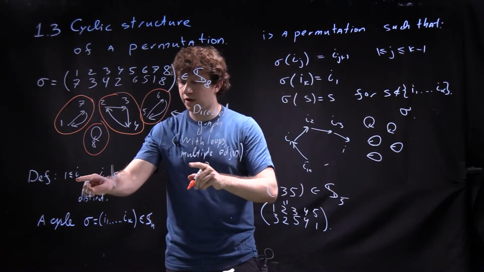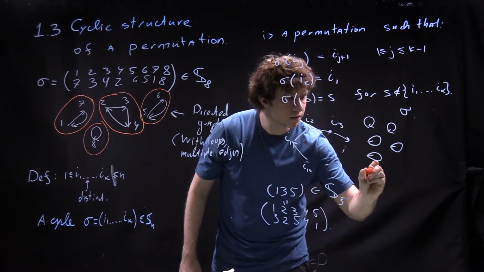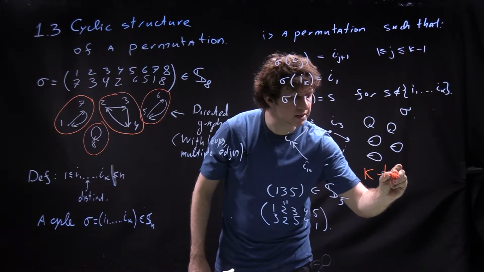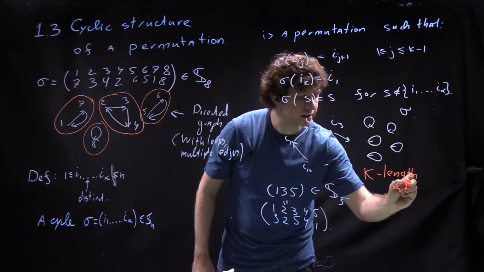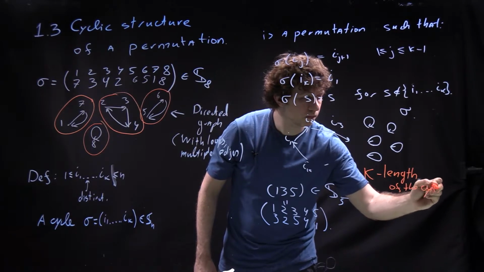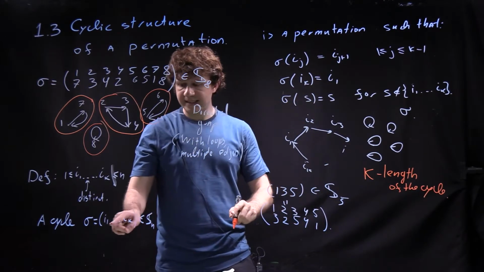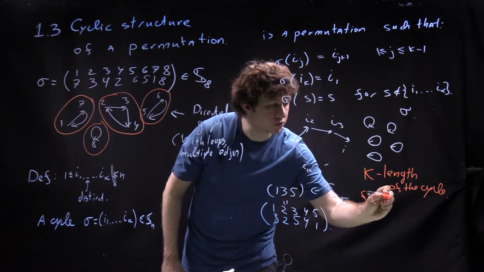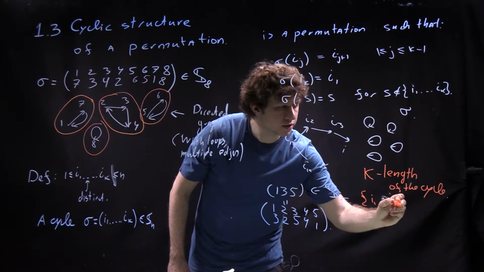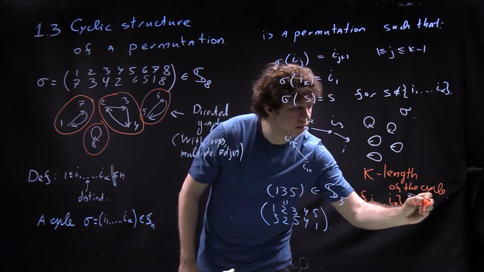Okay, so some notation. We have a couple of numbers here. K is called the length of the cycle. And the set of indices I1 up to Ik is called the support of the cycle.